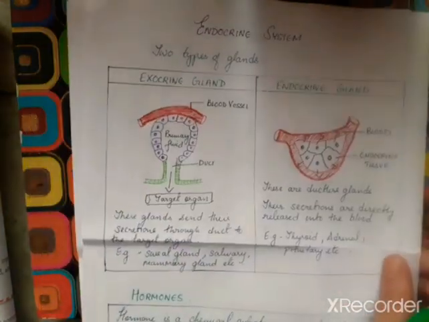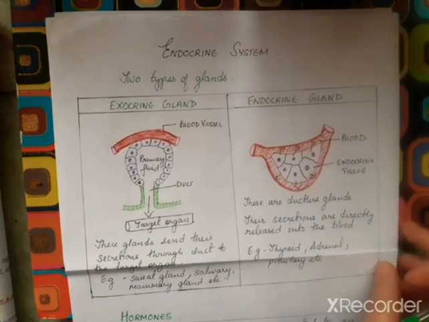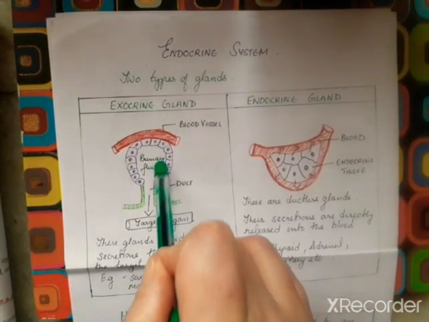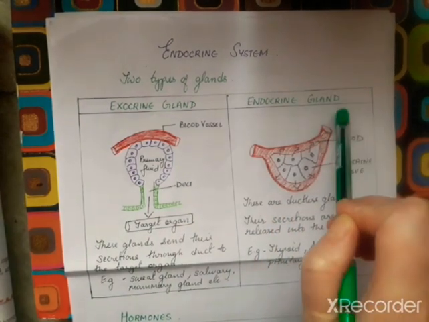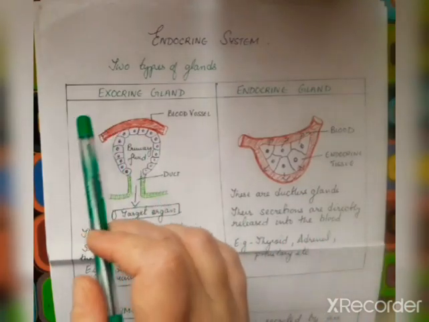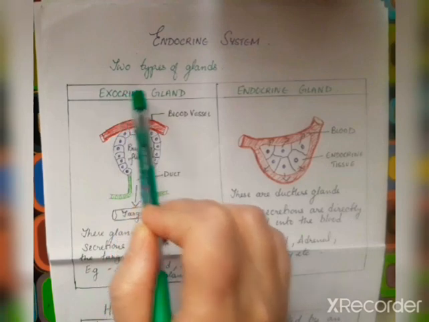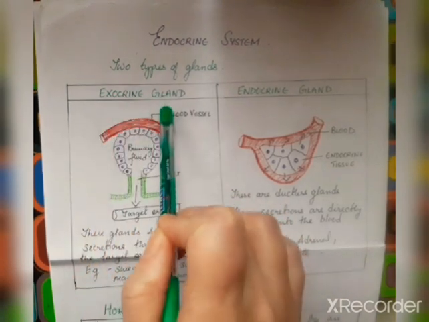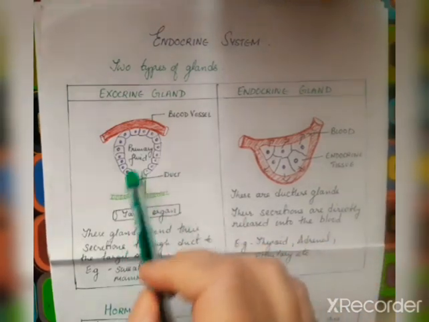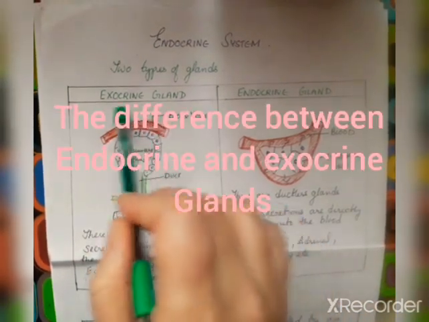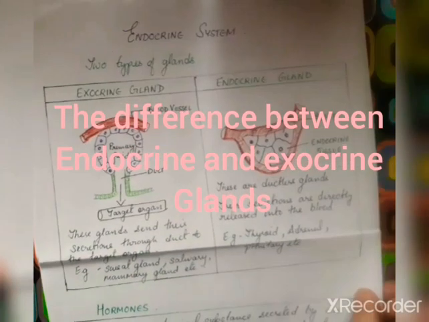You all have learned about so many exocrine glands, but today I am going to tell you the difference between exocrine glands and endocrine glands. So the exocrine glands are the glands whose secretion, these glands also secrete.